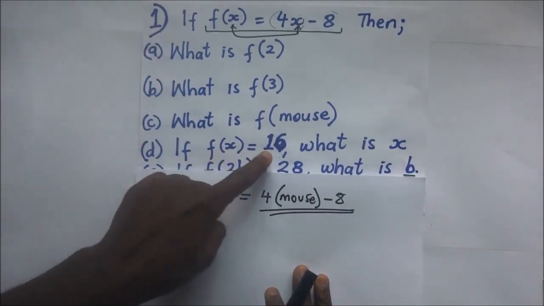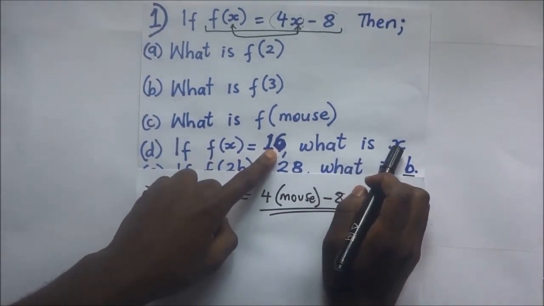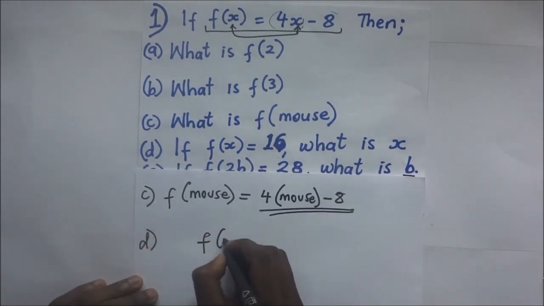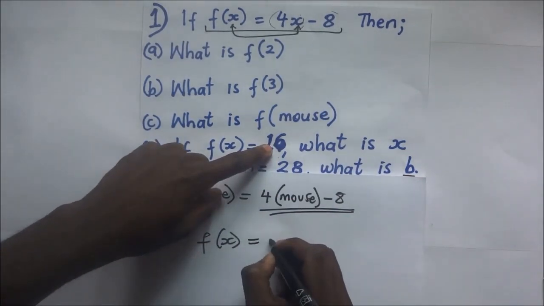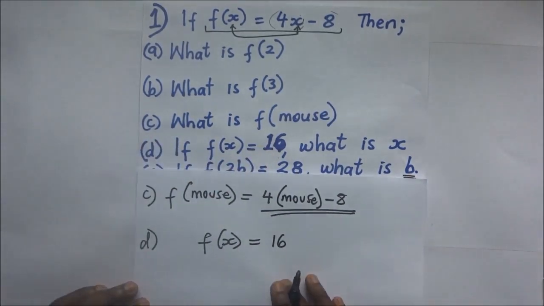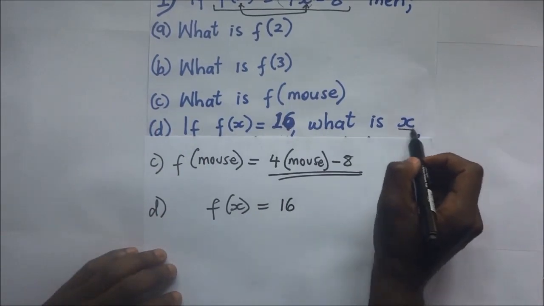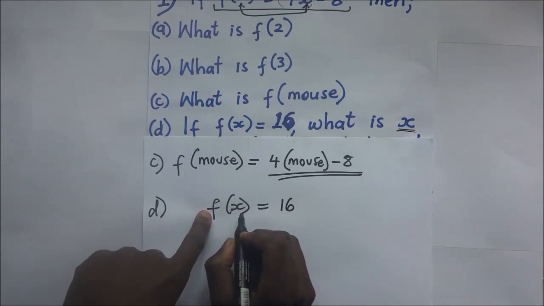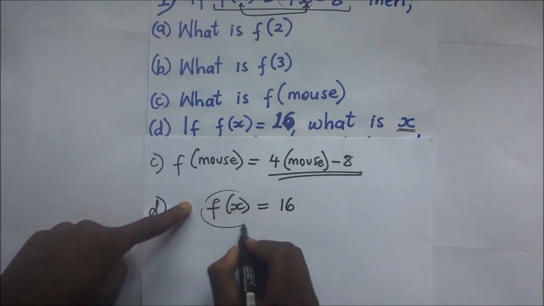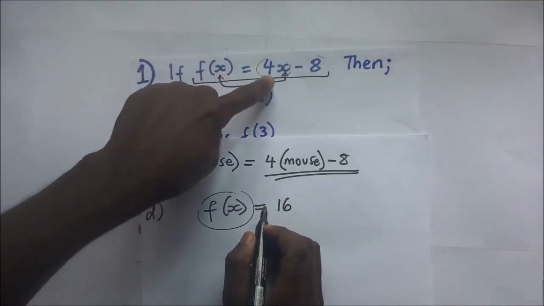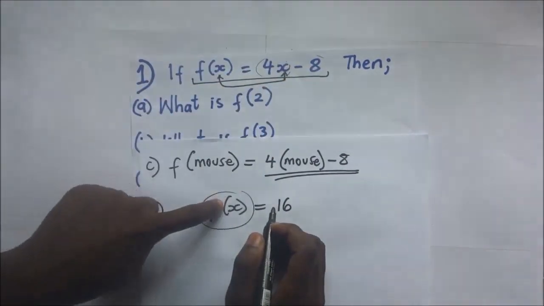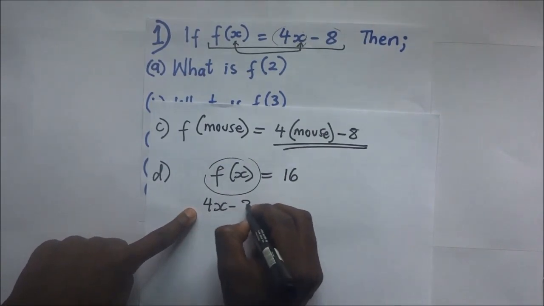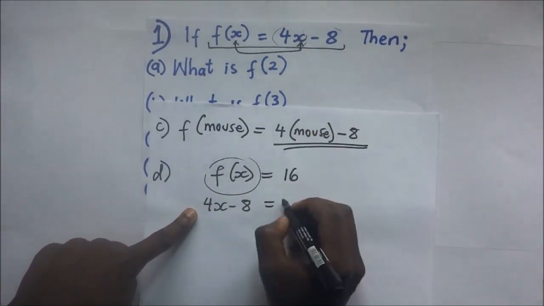Part D, if f of x is 16, what is the value of x? So now our f of x is equal to 16. According to our question, f of x is given by 4x minus 8, so 4x minus 8 is going to be equal to 16.